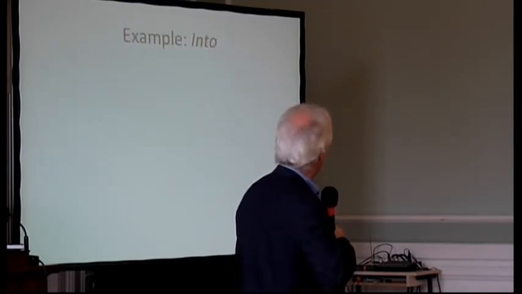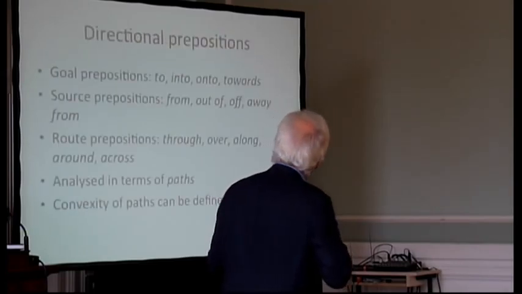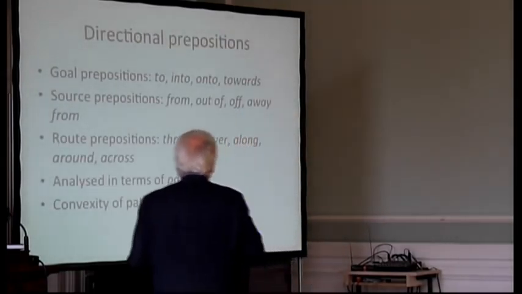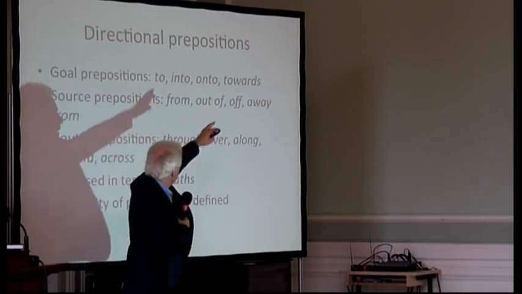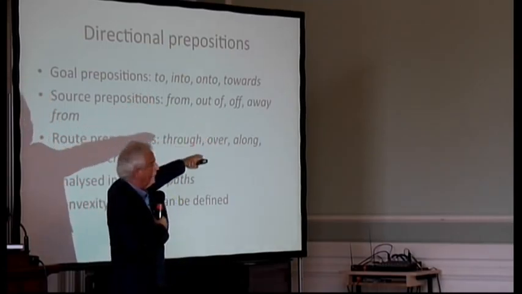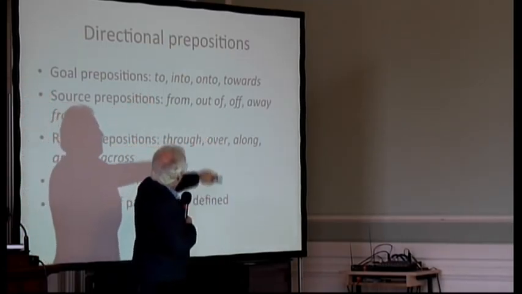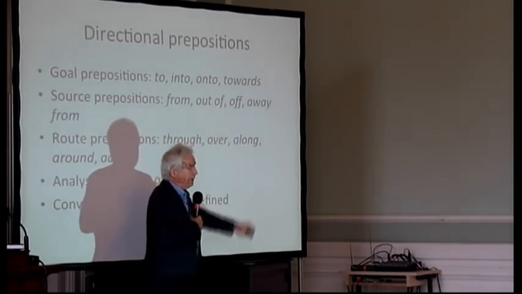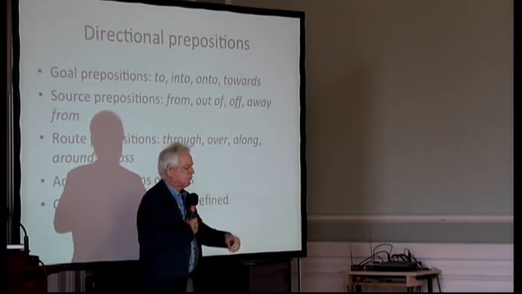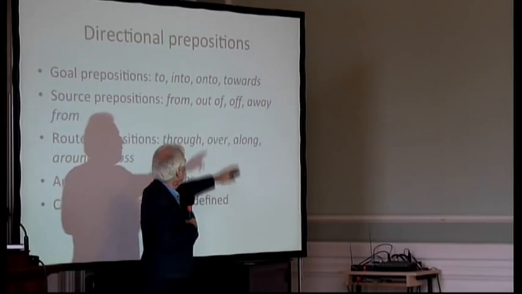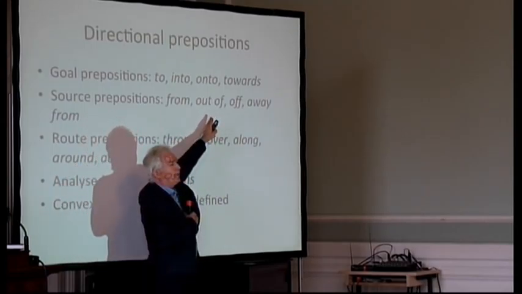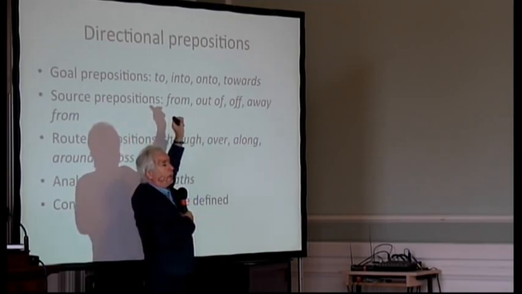So let me take one example, and we can define convexity of path here. Most of these can be given qualitative definitions. So out of means, like in the example I used earlier, he got out of his depression, that the initial state of the path is inside the landmark and the end state of the path is outside.